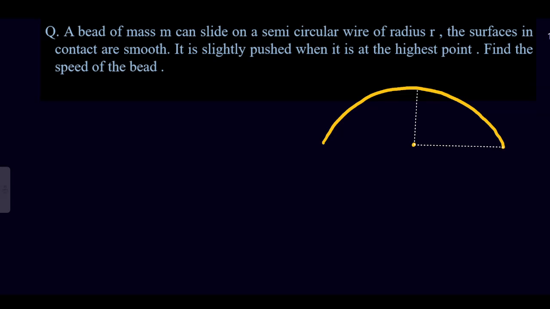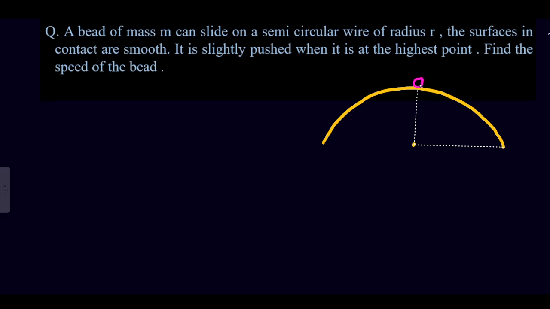Now see what they're saying here. A bead is there at the highest point. Just imagine this is gently pushed. Initially it is at rest only, and it is gently pushed.